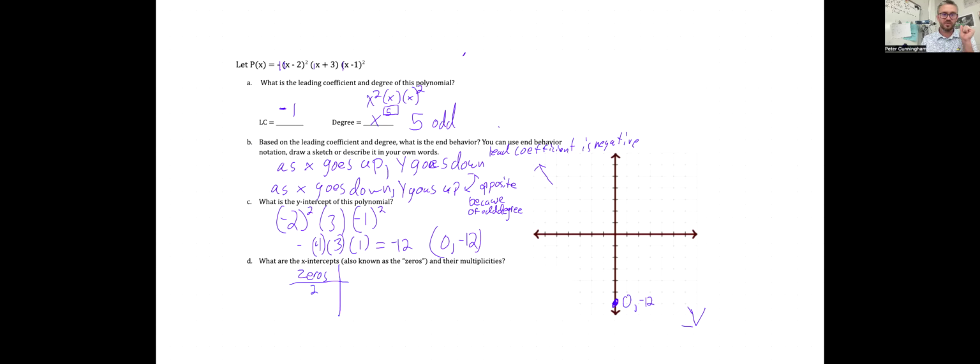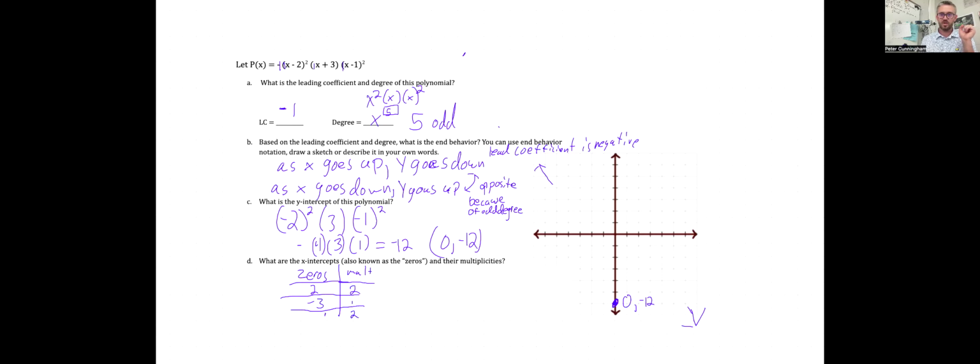This +2 has a multiplicity of 2, which tells me I'm going to bounce at that 0. At -3, I have a multiplicity of 1, which tells me I'm going to cross. And at +1, I also have a multiplicity of 2, so I'm going to bounce there as well.